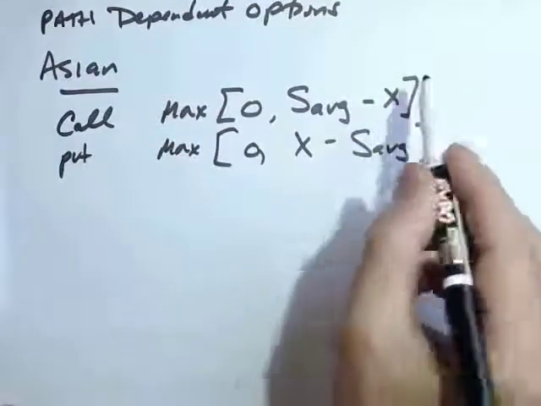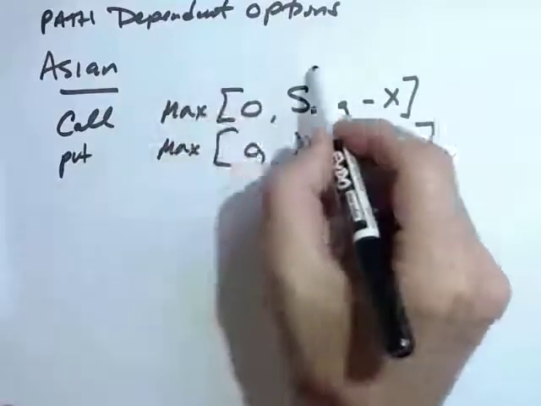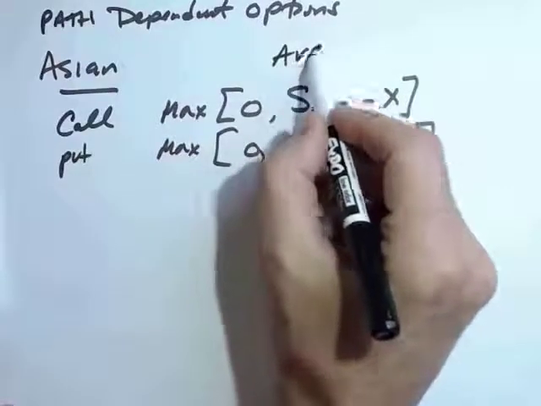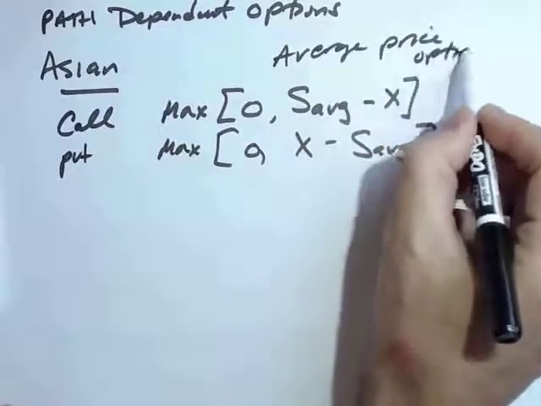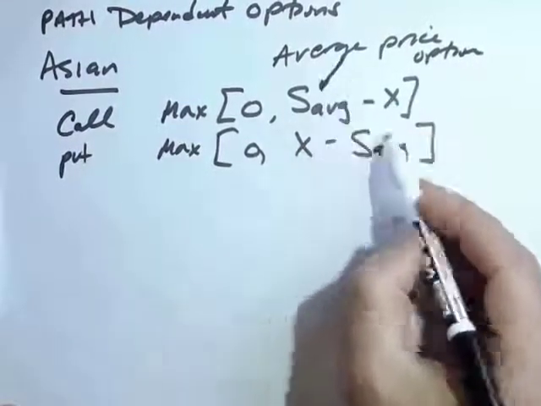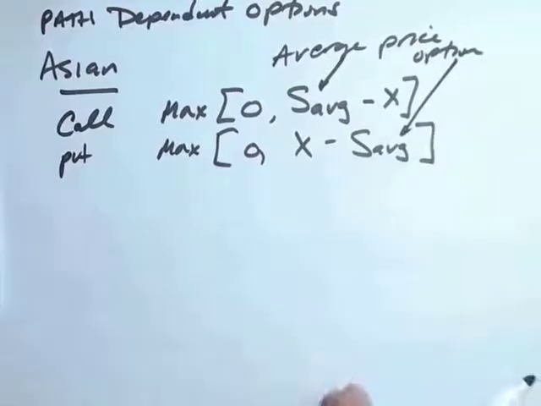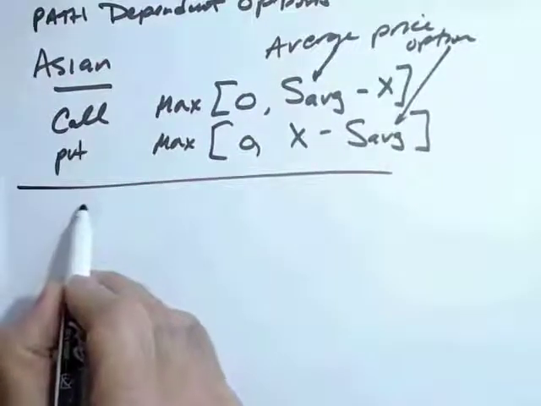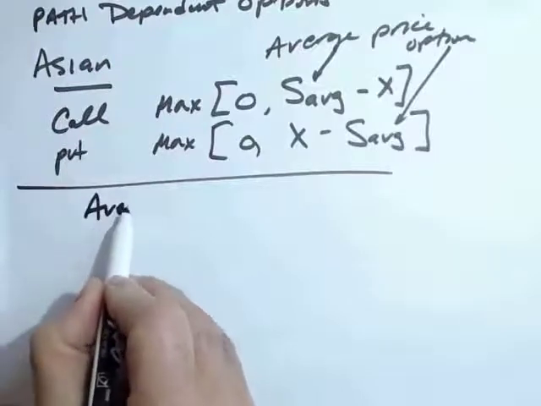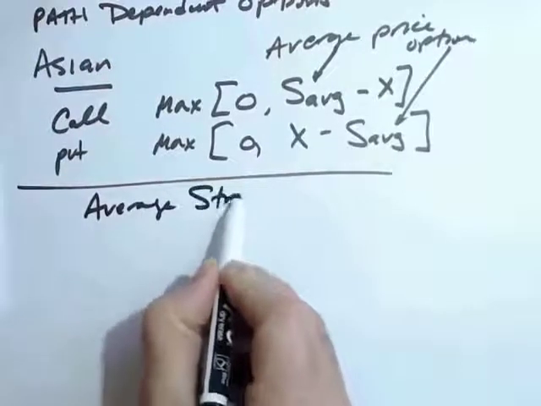By the way, these first two are called average price options, because we're taking an average in those 2 areas. There are other types of Asian options called average strike.